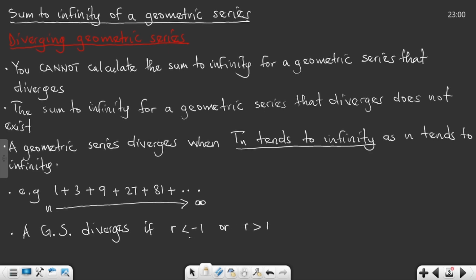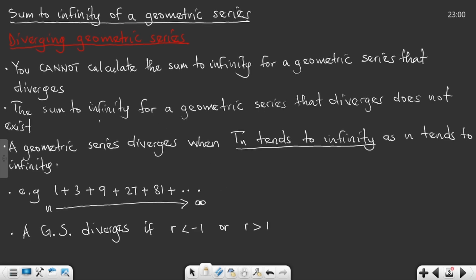So r, the common ratio, is less than -1 or r is greater than 1. Okay, you understand now why we cannot calculate, because it does not exist, because it keeps on becoming bigger and bigger without an end. There is no end to this geometric series. You can still continue, but the problem is that the value is getting bigger and bigger.